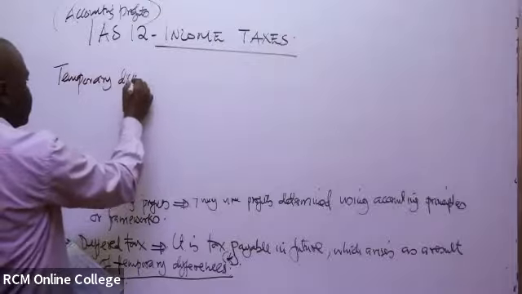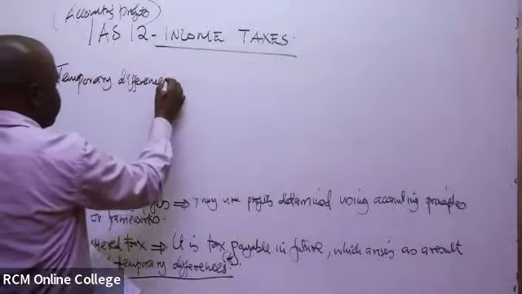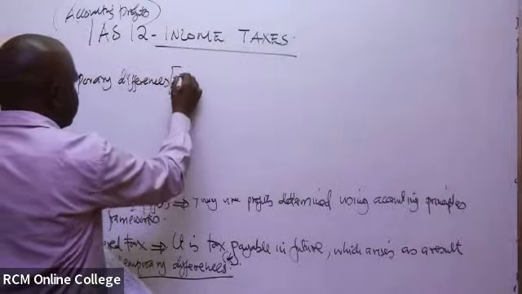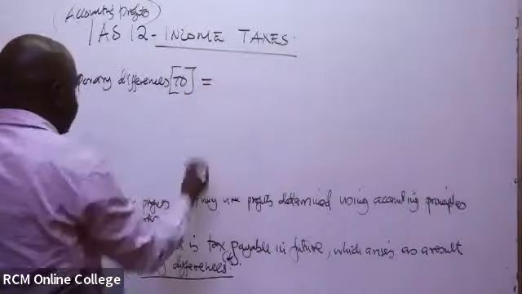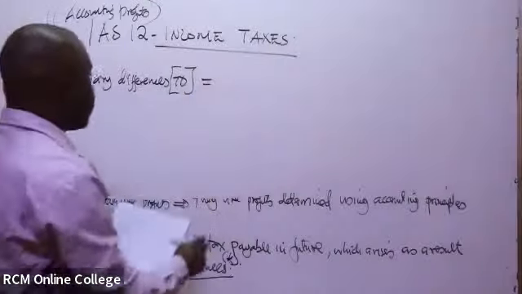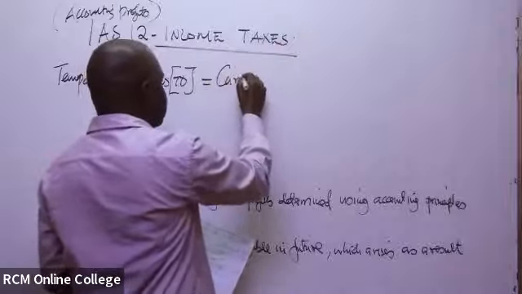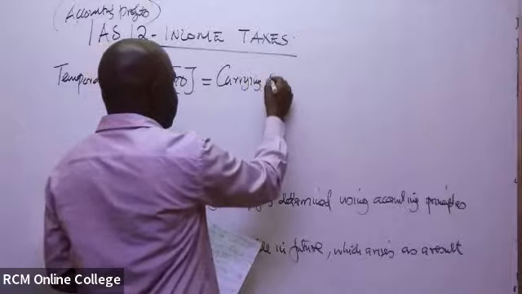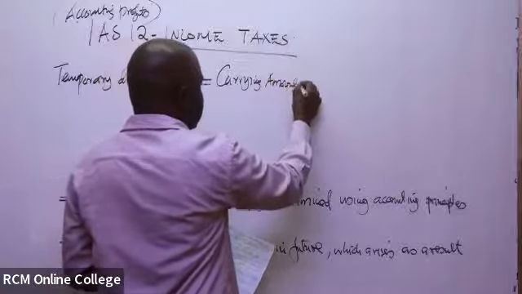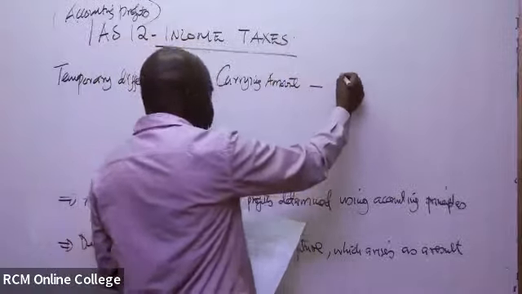How do you get it? Temporary differences, or in short, you just call it TD. It will basically be equal to the carrying amount of an asset, minus the tax base.